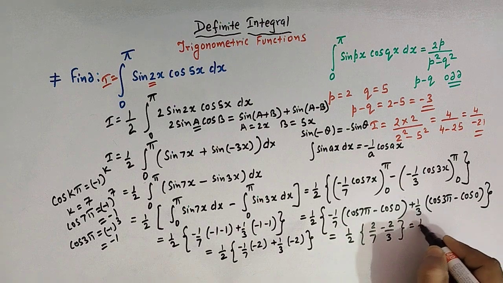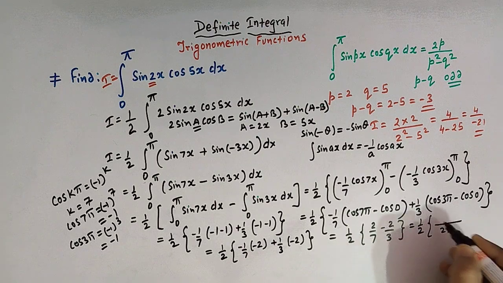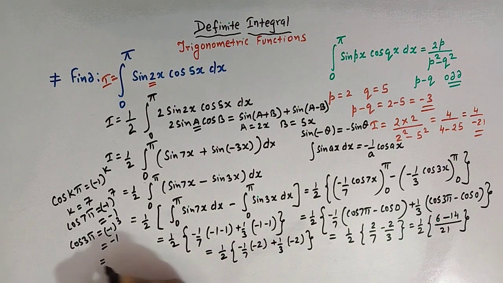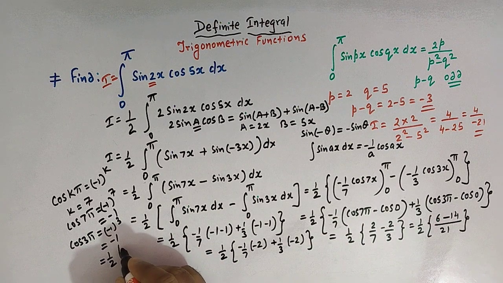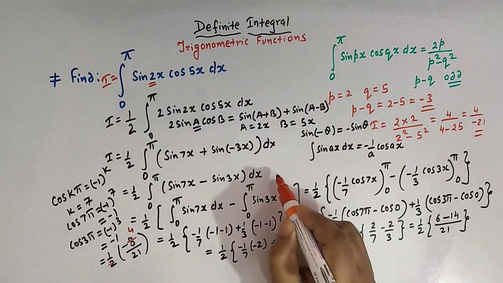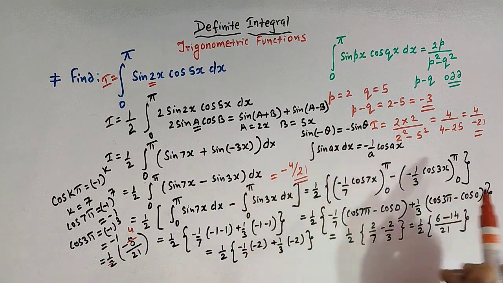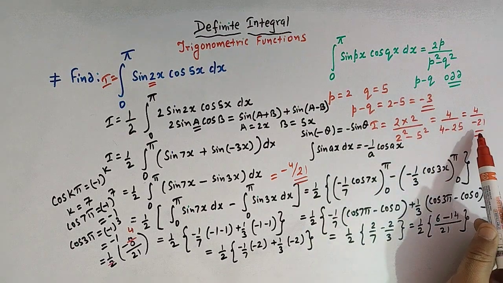Now we take the LCM, 21: we have 6 minus 14, which is minus 8, over 21. Half of that is minus 4 over 21, which is the same result we got from the direct method.